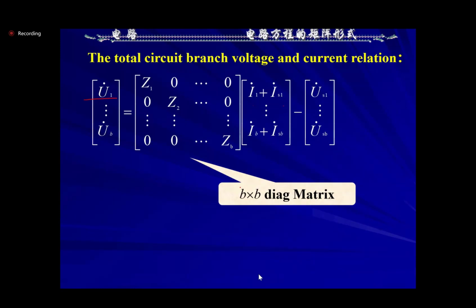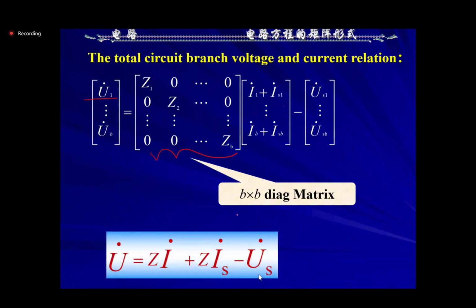This part will be a B by B diagonal matrix. This part we will write in vector form: every branch voltage equals Z multiplied by branch current plus current source minus voltage source.